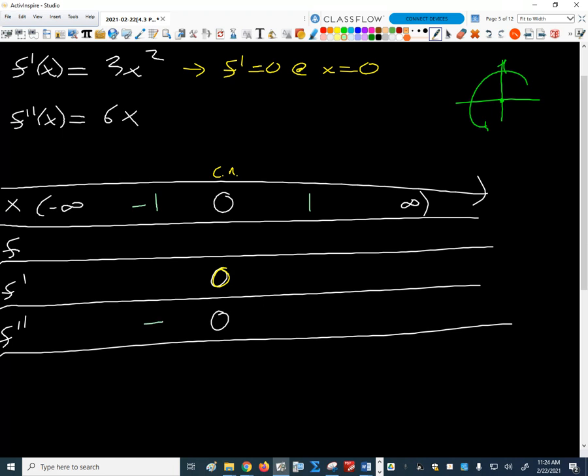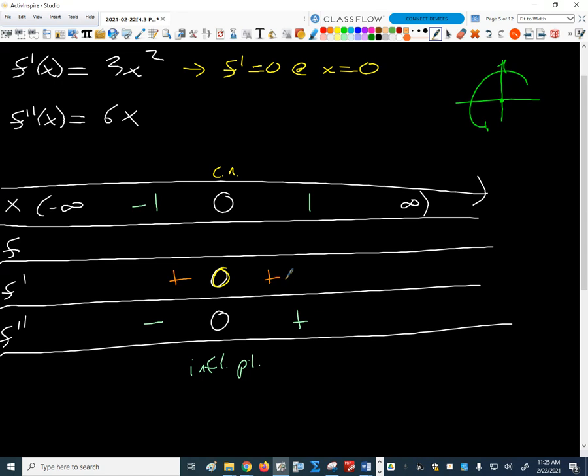At +1, I get a positive value. So this is an inflection point, right? That's all I need to do. I don't need to apply the first derivative test. I could, but if I did, I'm just going to find out that I get positive on both sides, and it's not a point of transition, and so it's not an extremum, right? But I don't really need that first derivative row.